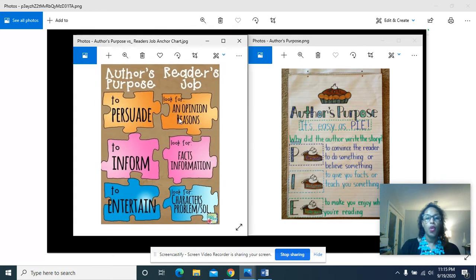Okay. We want to look for the reason. So when we know that we're being persuaded, now we want to delve a little deeper and we want to understand why. What is the reason behind this persuasion? We want to go really deeper into it.